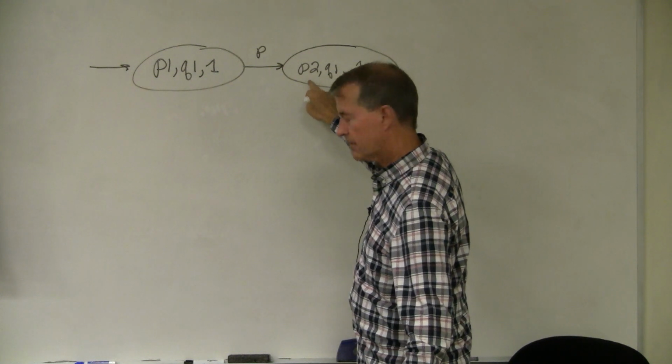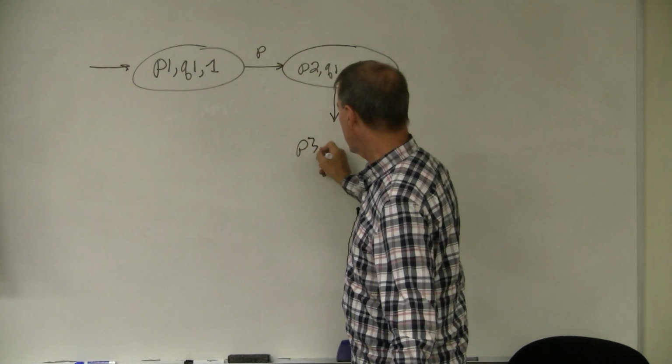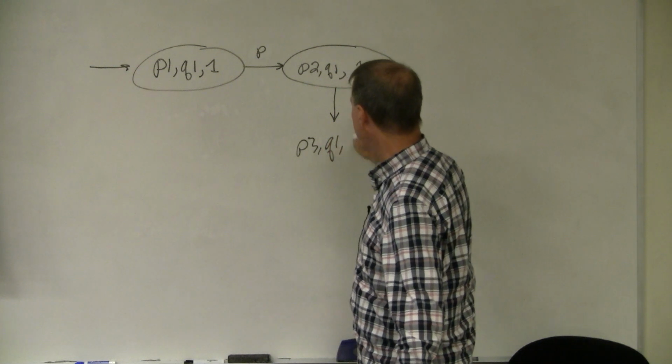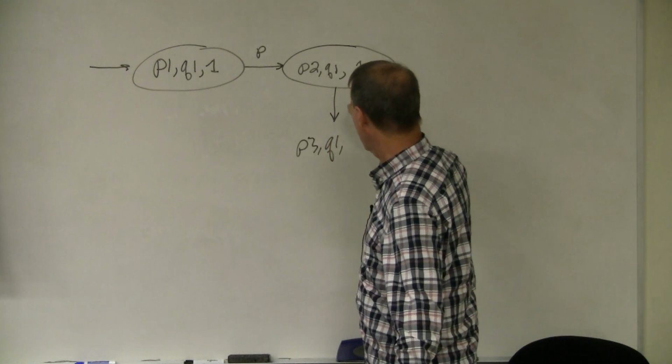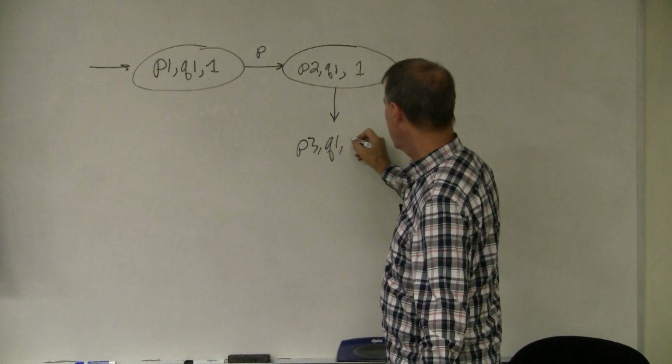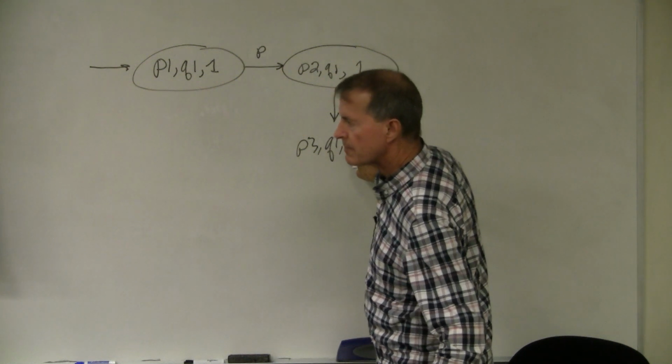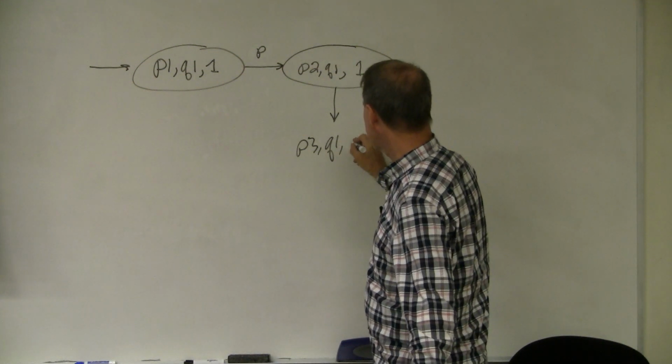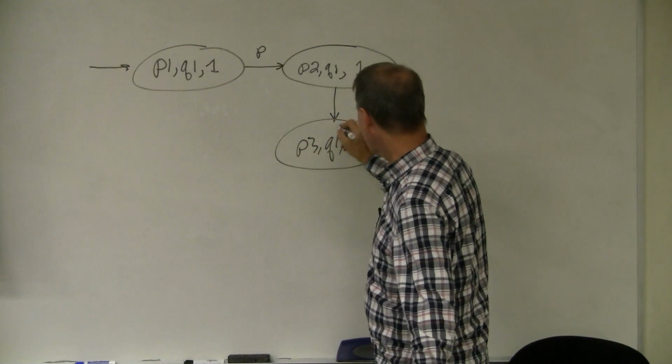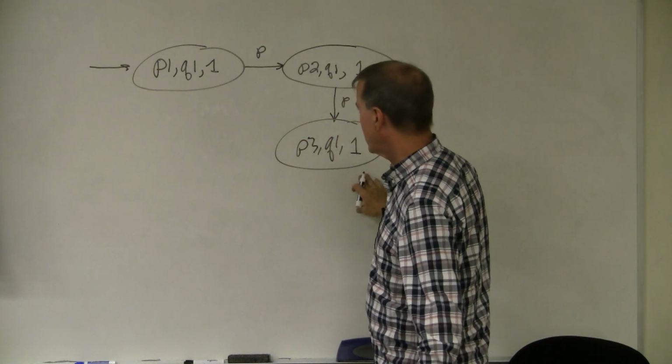P3, right? Is everybody with me on this? P3. Q1 is still here. But now what happened to the value of turn? Did it stay the same? Oh, you're right. It did stay the same. Okay, so this is what happens with P.